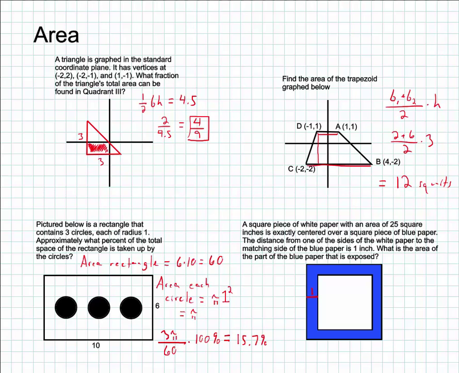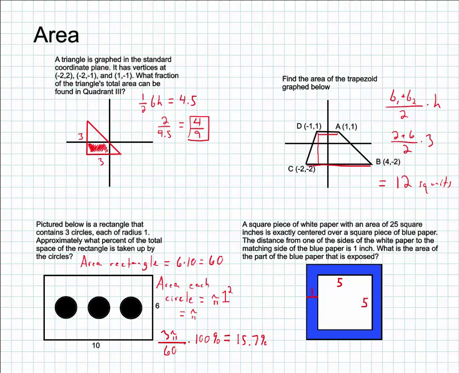Alright, so it looks like the length of one of the sides of the white paper must be 5, because the total area of that white square is 25. And since it's a square, we can take the square root of that, which is 5, to get the length of one of the sides.